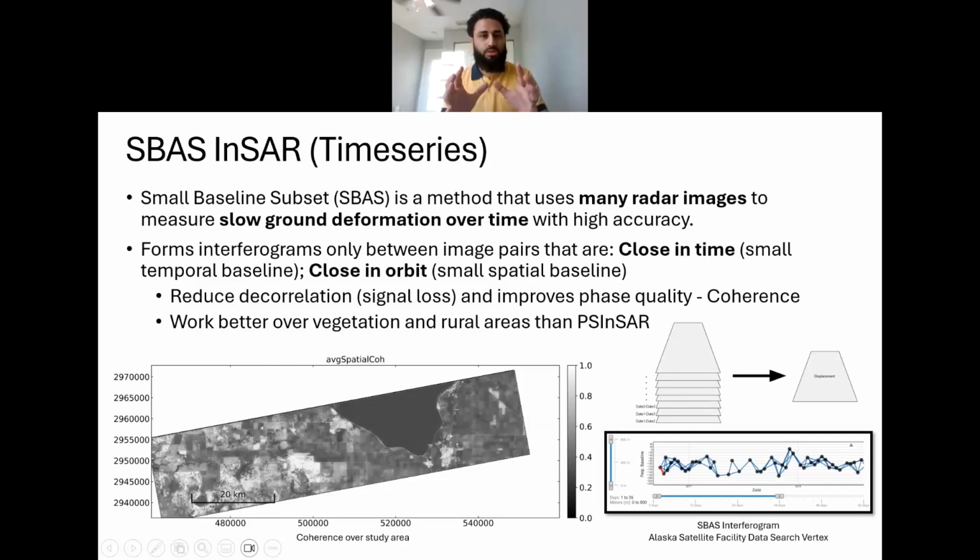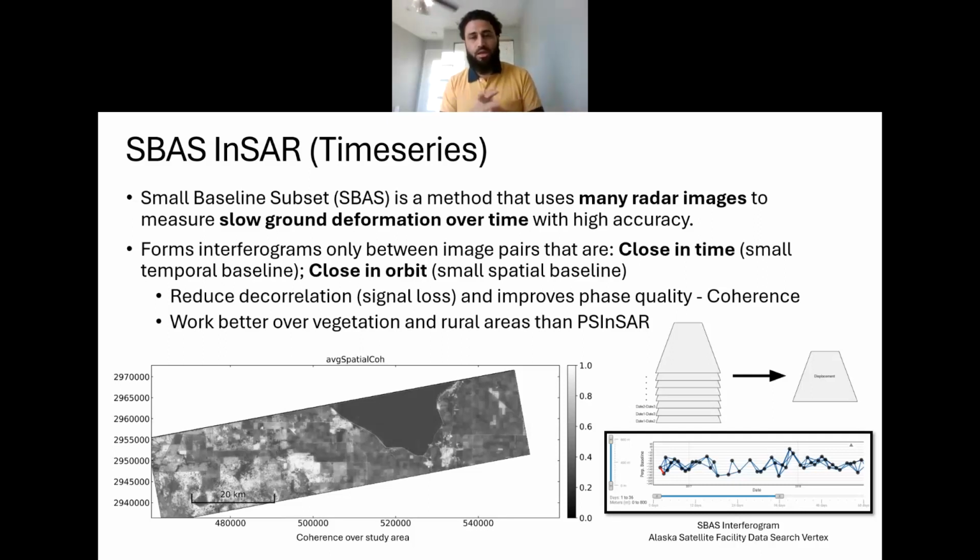Now I showed you two images. Now imagine if we combine in a time series multiple images, maybe hundreds of images together. That is when we use SBAS InSAR, small baseline subset.